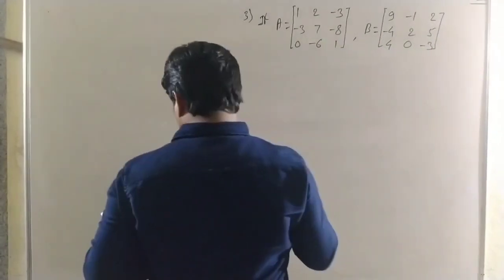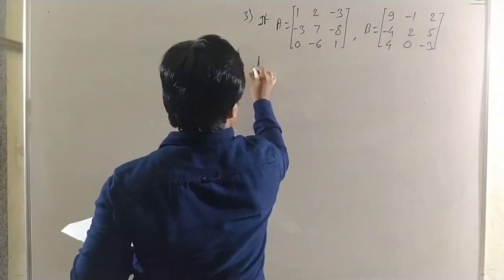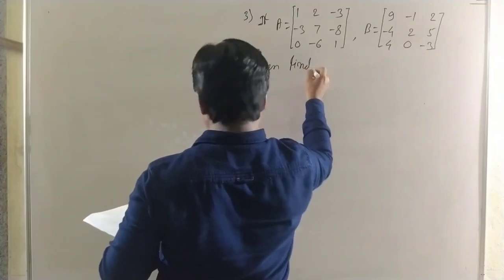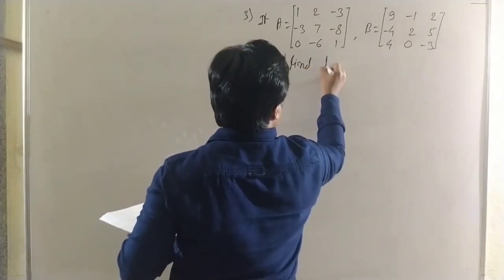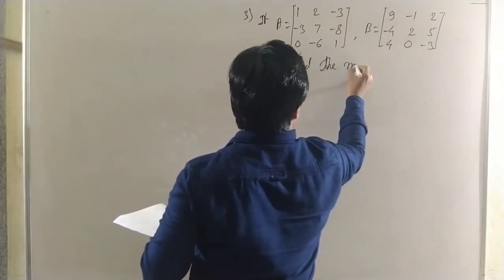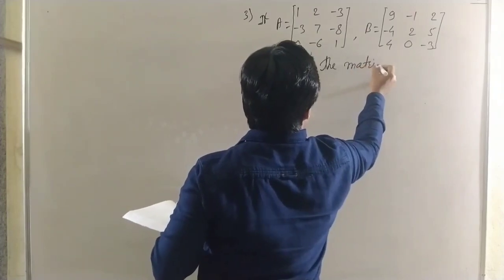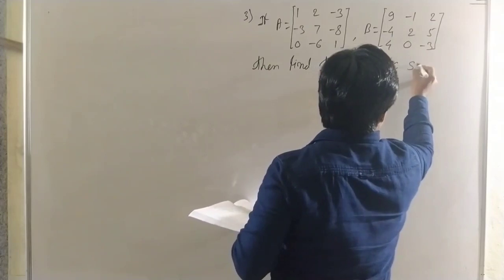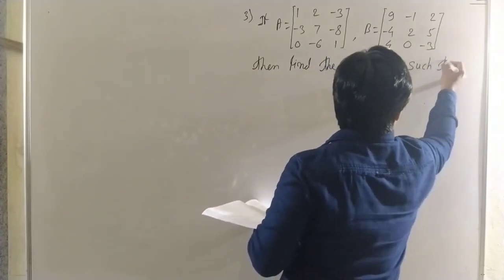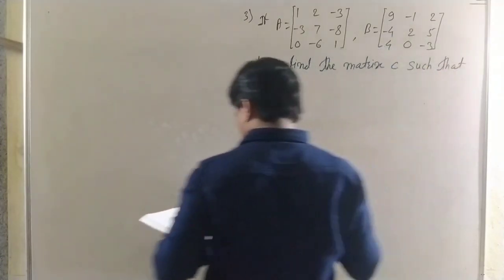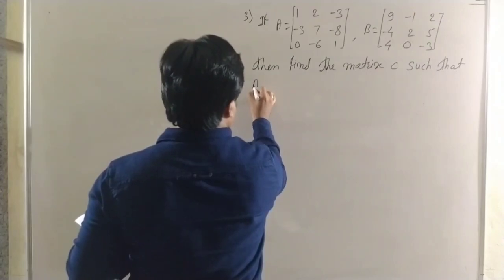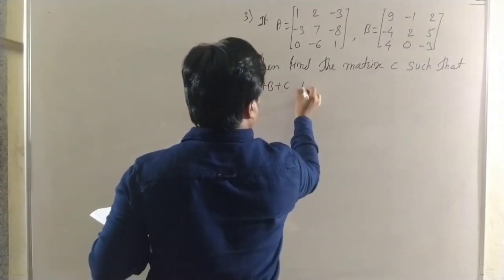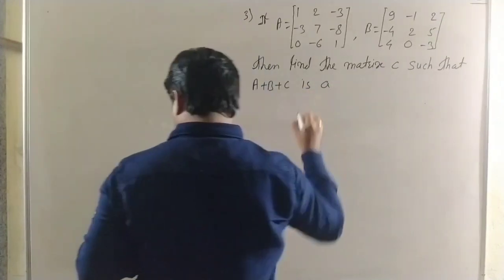Okay, then find the matrix C such that A plus B plus C is a zero matrix.